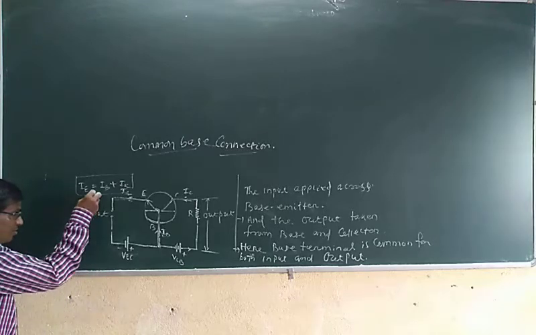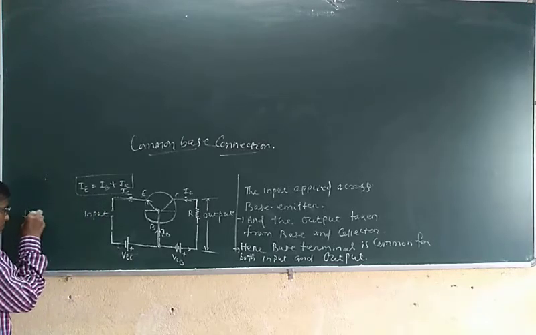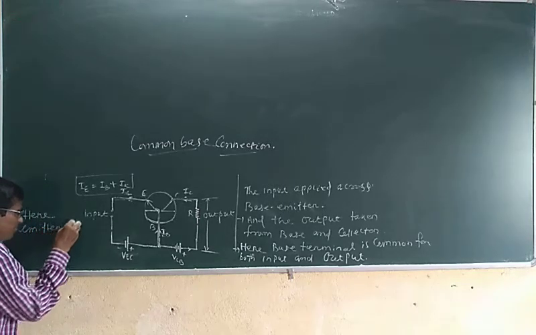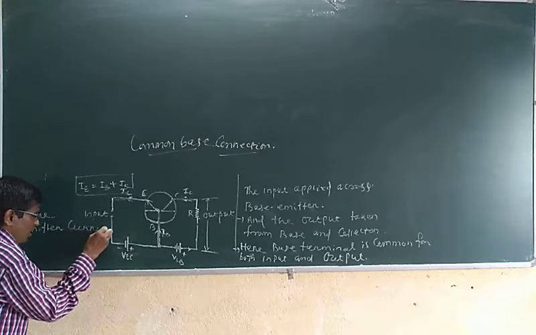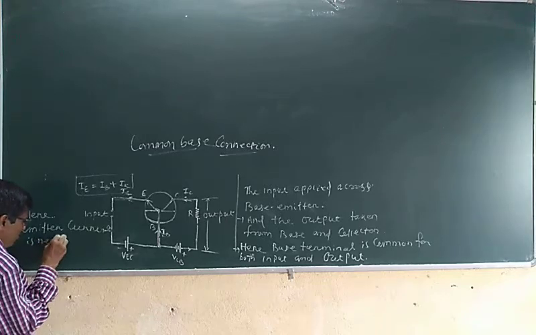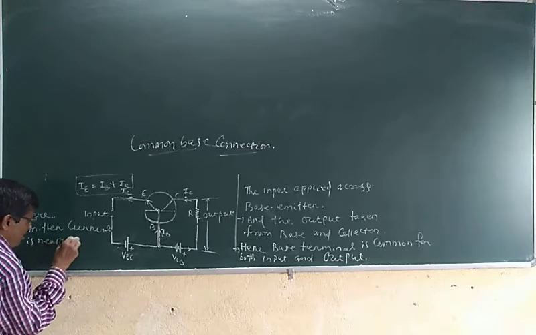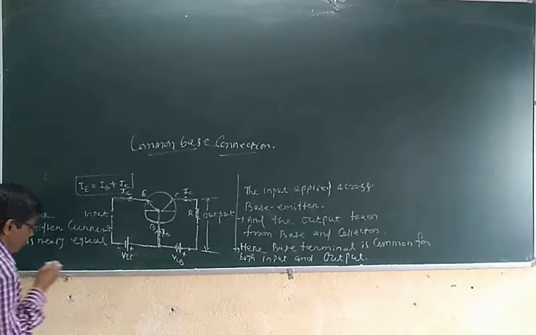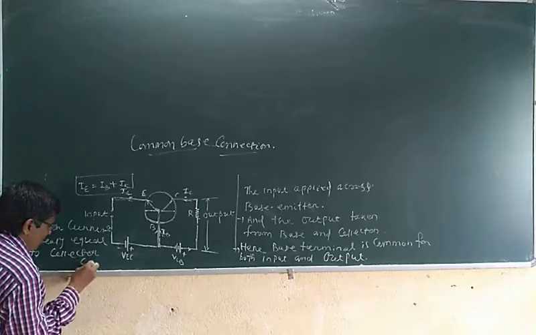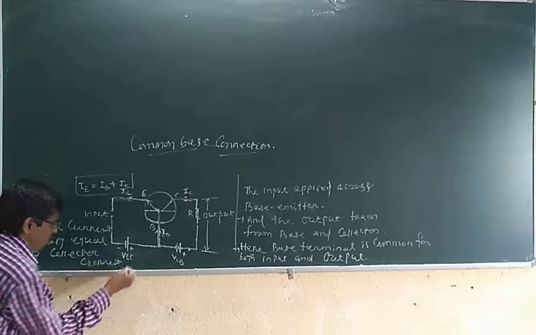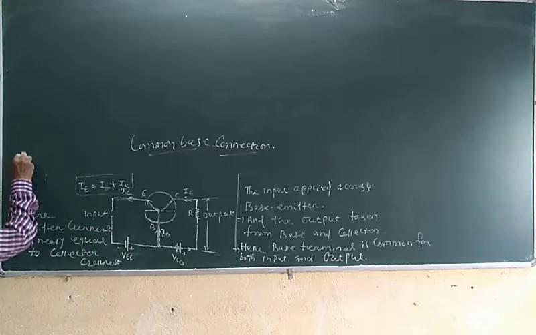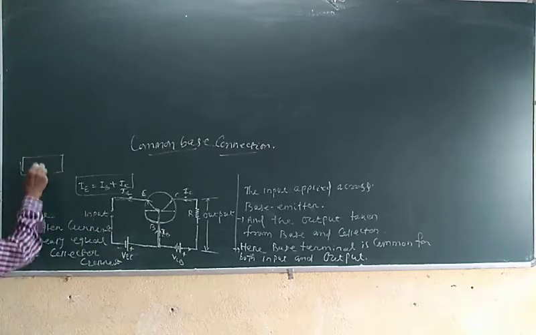Now the emitter current is nearly equal to the collector current. Why? Because of the physical construction of a transistor.